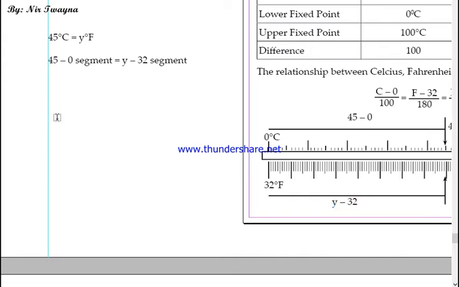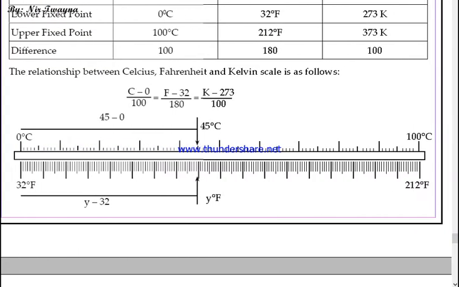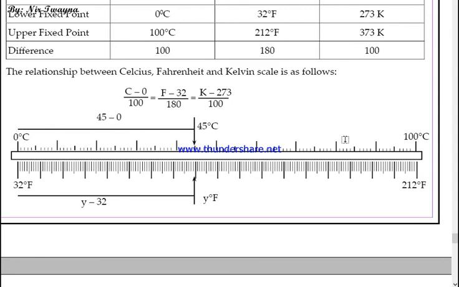Now what makes them actually equal? What makes them expressible in terms of length is how many segments there are in the Celsius scale. We definitely know that from this much to this much, the length is equal in both scales, isn't it?